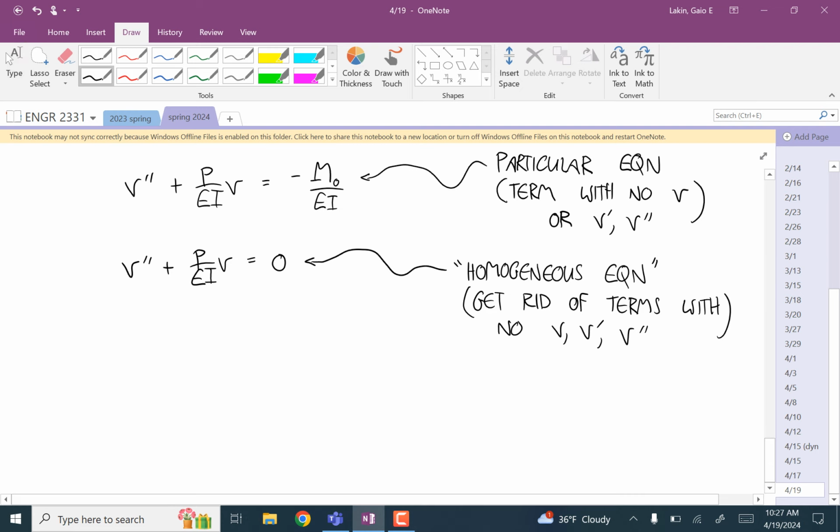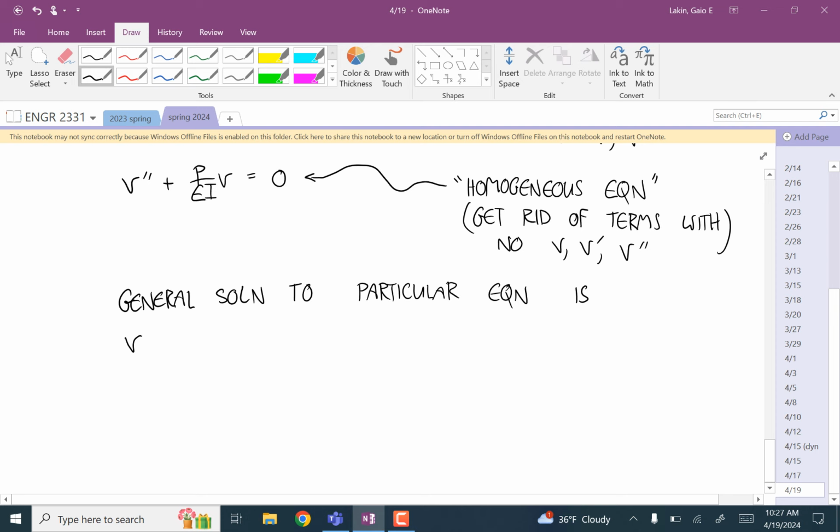And the general solution to the particular equation is, I'll call it VH plus VP. This VH is the general solution to the homogeneous equation.